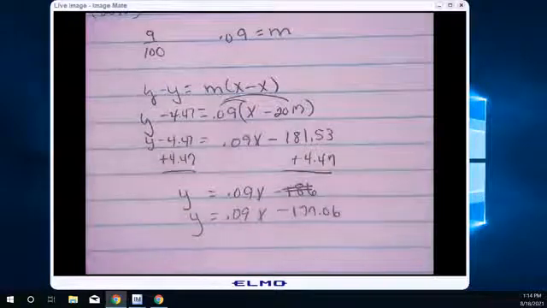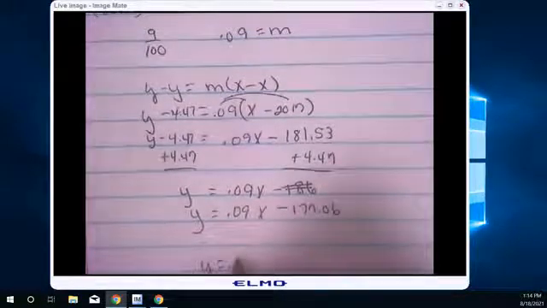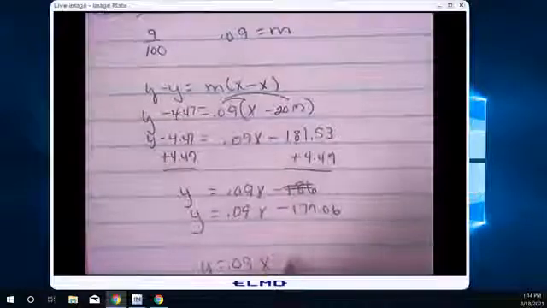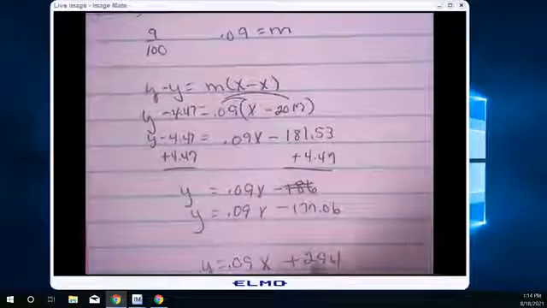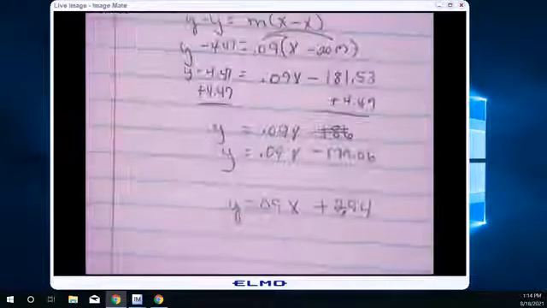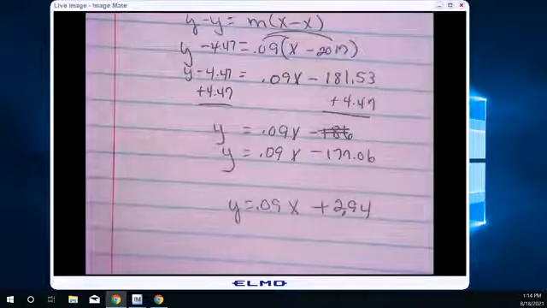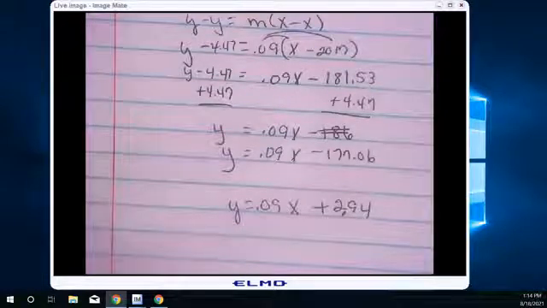Except you flip to the back of the book, you Google it, and they've got y equals 0.09x plus 2.94. What happened? Is that how it is in the book?